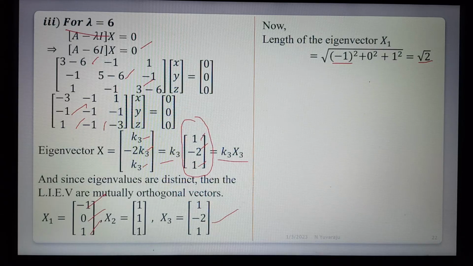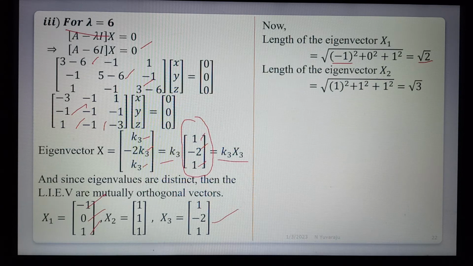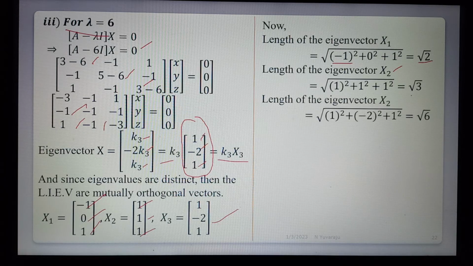That is the length of the eigenvector x1. Next, the length of eigenvector x2 is the square root of 1 square plus 1 square plus 1 square, that is equal to root 3. Next, the length of eigenvector x3.